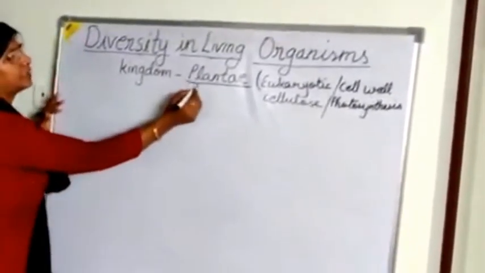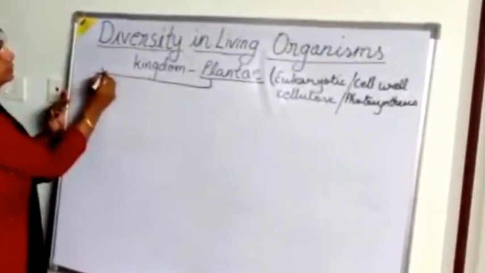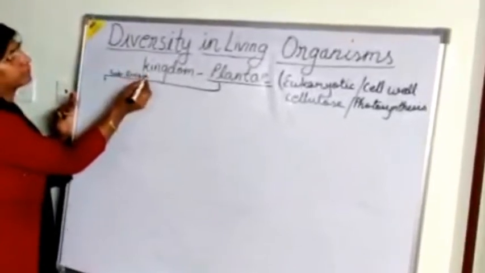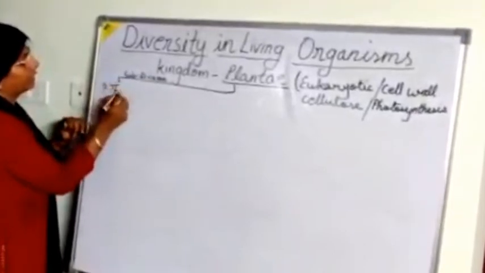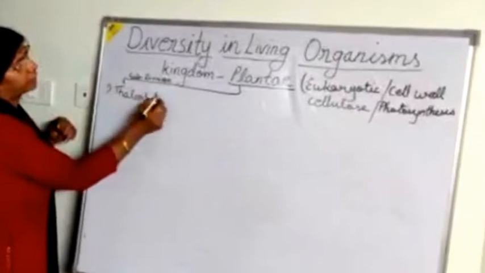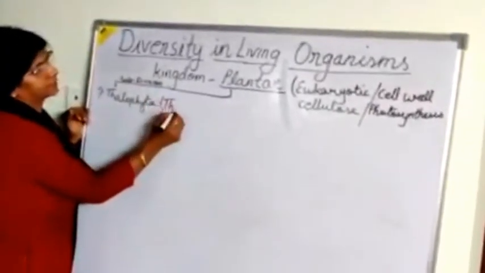So the first subdivision is this one, it is Thallophyta. Thallophyta means what? The body is like a thallus.